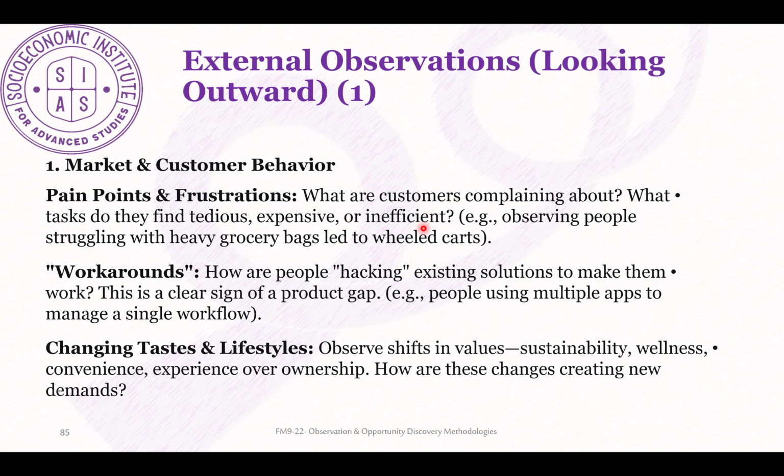Or, for example, observing people struggling with heavy things they are carrying, like groceries, or workarounds, how people are hacking existing solutions to make them work, and sometimes clear signs of a product gap.